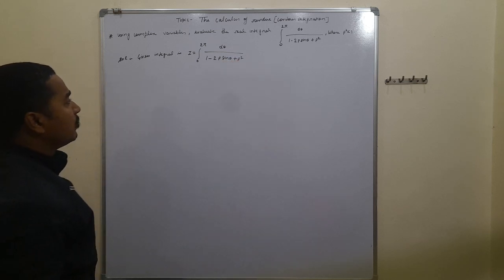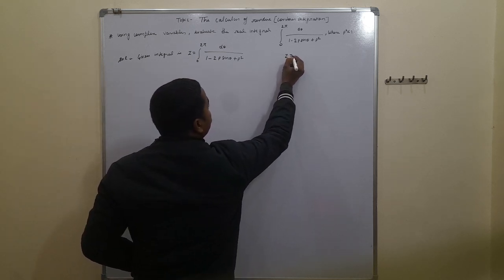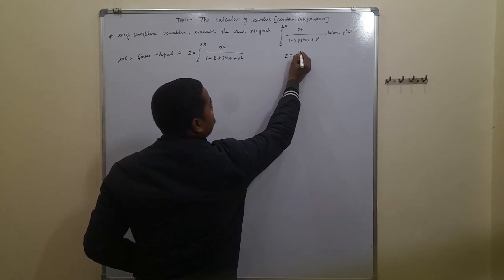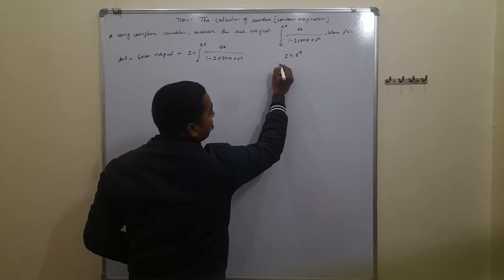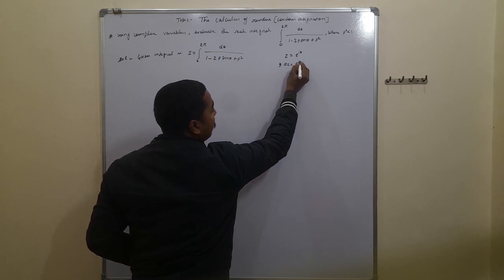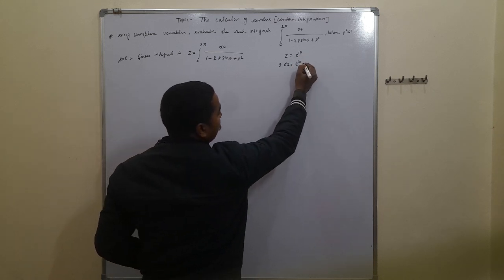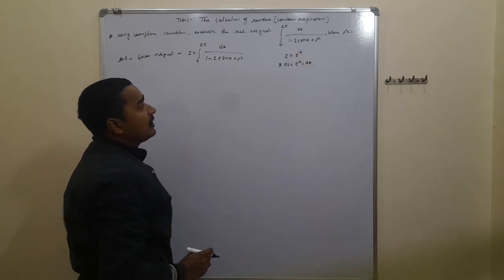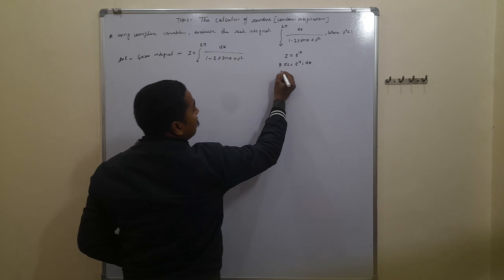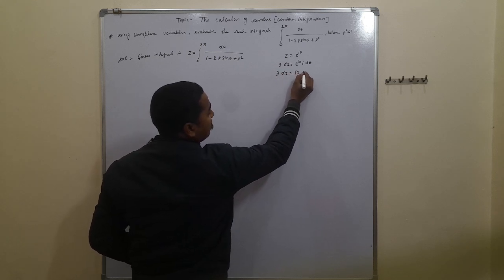And further we have to know in the complex integration z is equal to e to the power i theta. Differentiating with respect to theta, dz is equal to e to the power i theta times i d theta, and putting the value of e to the power i theta, that is z, dz is equal to iz d theta.